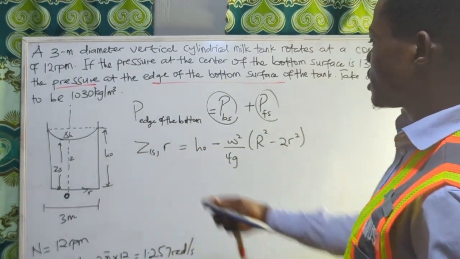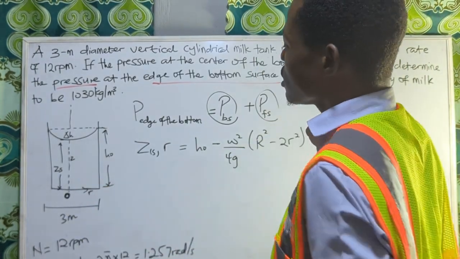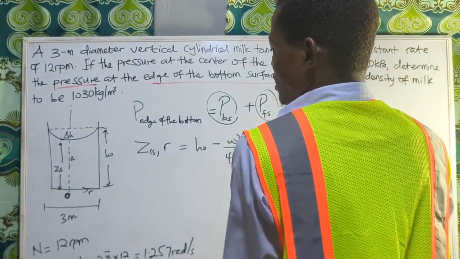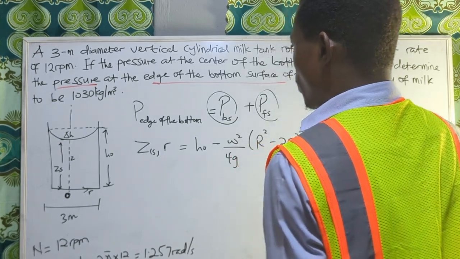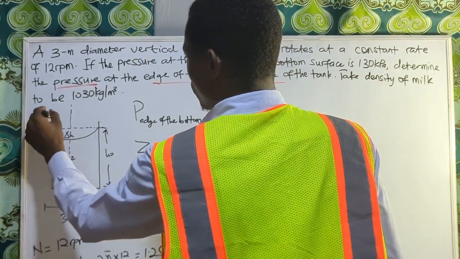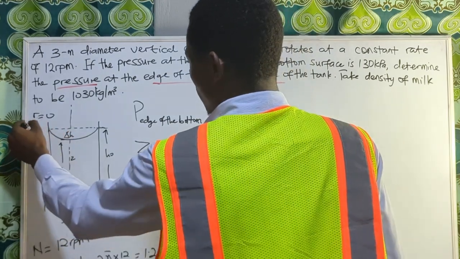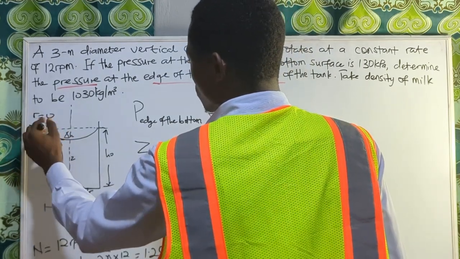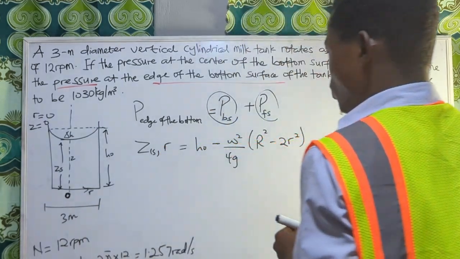Now let's make this analysis. Since the rotation is done on the z-axis, we know that small r will be equal to 0, and z will also be equal to 0.